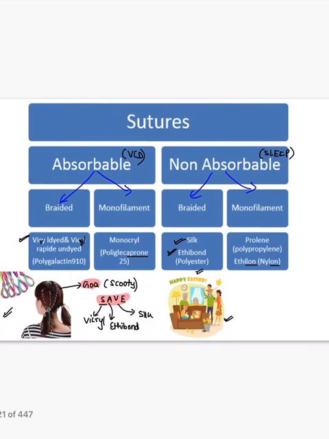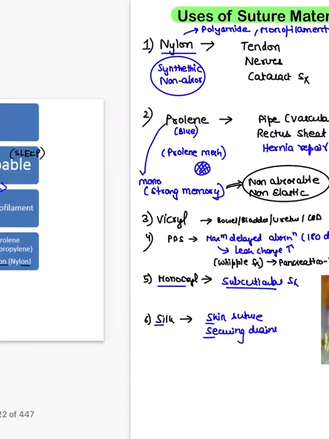S is for silk, A is nothing, guys, V is vicryl, and E is ethibond. When you go shopping in Goa, multiple people come around you offering to braid your hair. So when you go to Goa, you need to save the money. S is silk, V is vicryl, and E is ethibond. I think this helps you remember the braided sutures, because braids are very common in Goa.